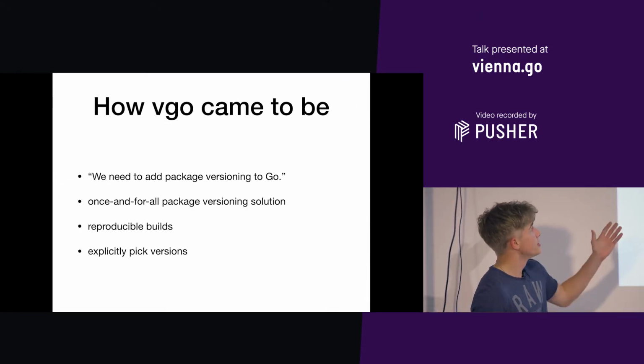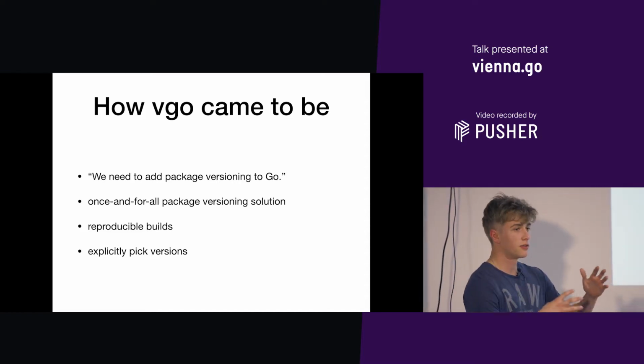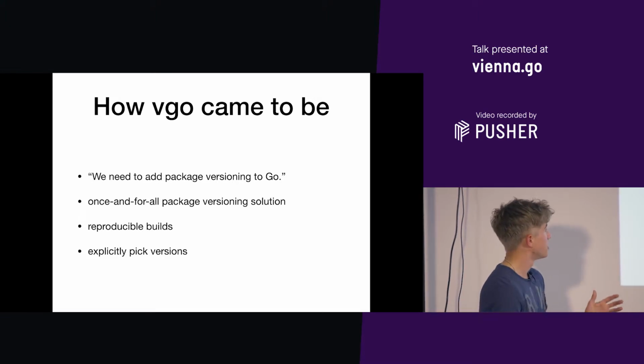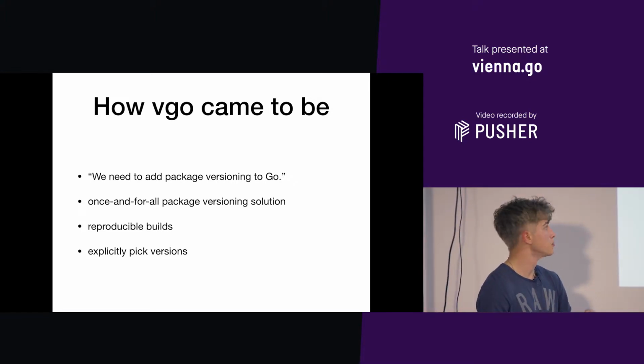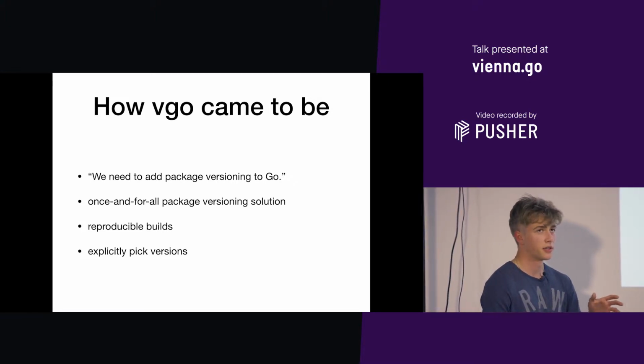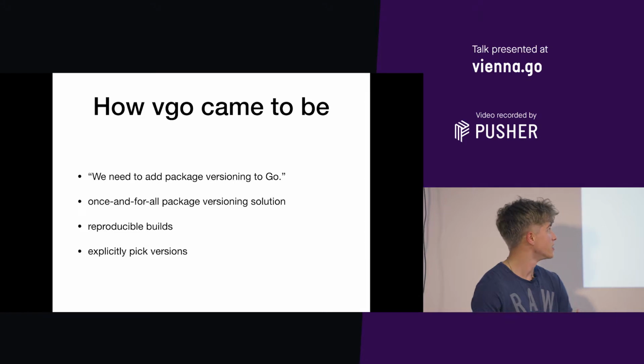So someone said we need to add package versioning to Go, an official, once-and-for-all solution for this problem. Why? Because the developers of Go thought that we need reproducible builds. If I build my package today and I build it again tomorrow, it has to be the exact same package if I don't change any version numbers.